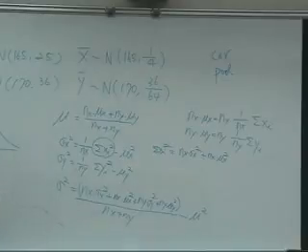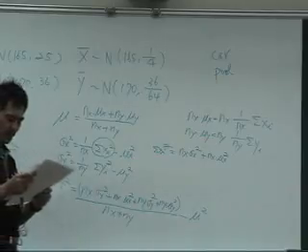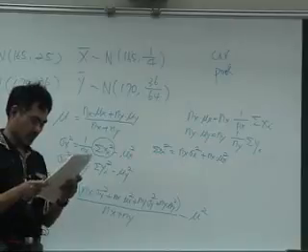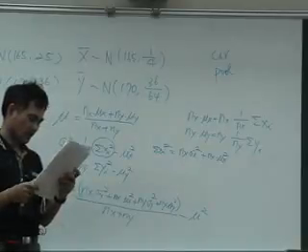Okay, and the question is, of course, you are looking for this part. Okay, so then, in terms of calculation, it is a little bit cumbersome. Let me tell you what's going on here.